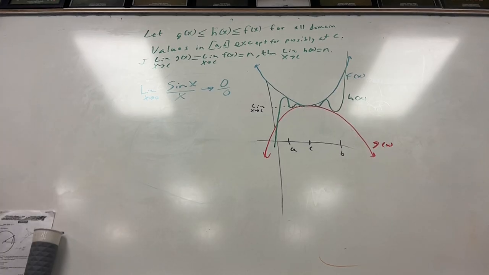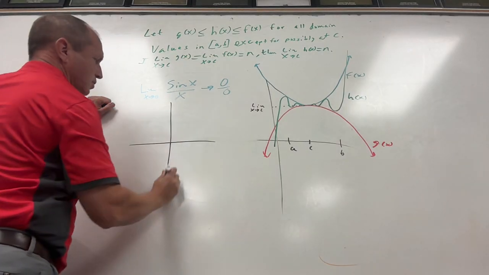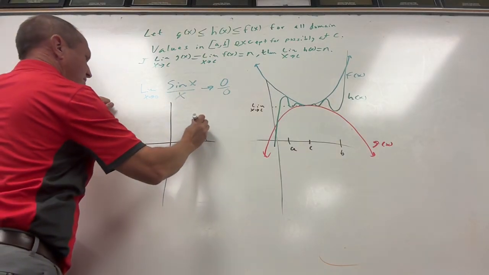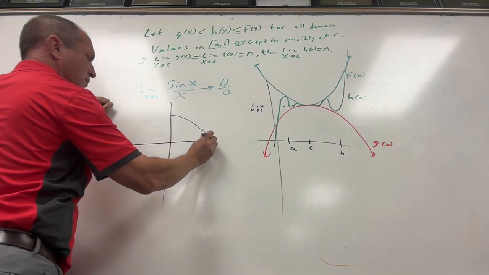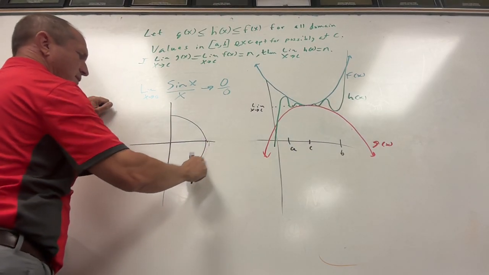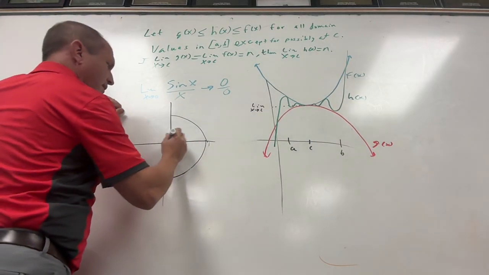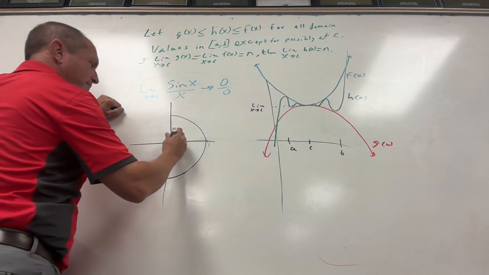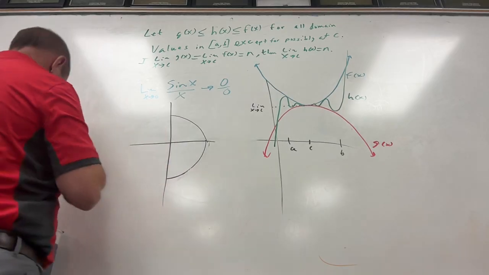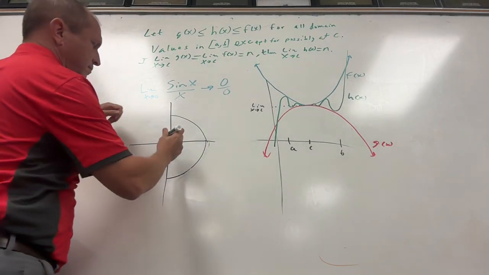So I'm going to go to the unit circle real quick. And on the unit circle here, I'm just going to take the unit circle for positive x values. That's a beautiful circle, or beautiful half circle. Now, in here, I'm going to draw a few triangles.